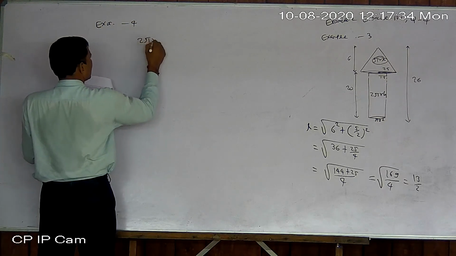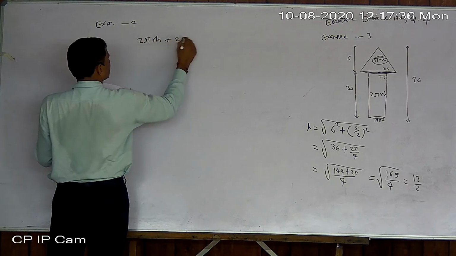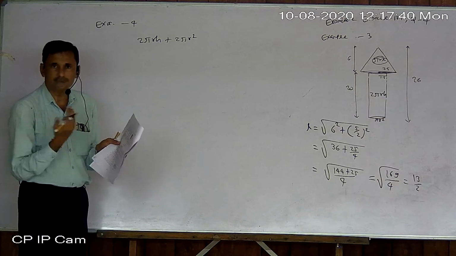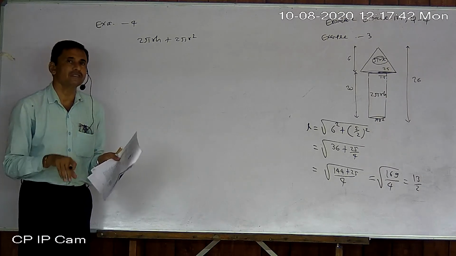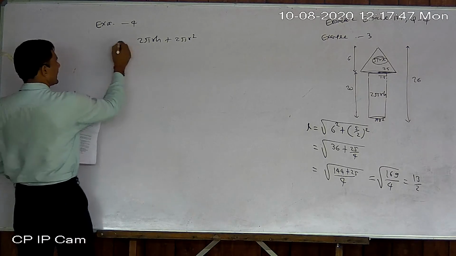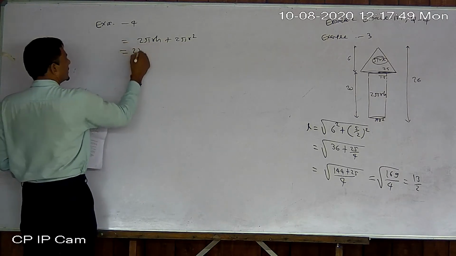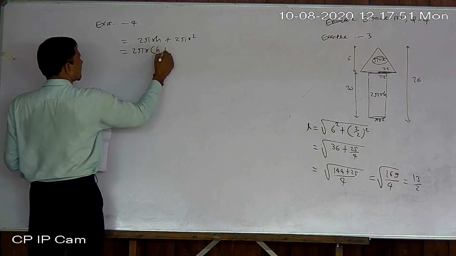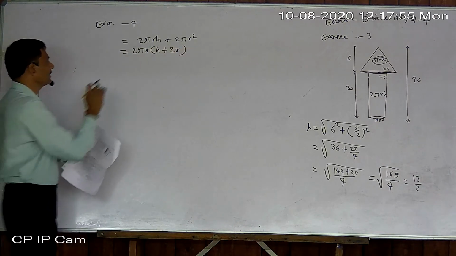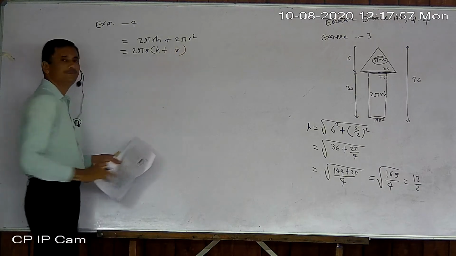Because 2 pi r s plus 2 pi r square. Because CSA of cylinder as well as CSA of hemisphere, both are visible there. Okay. So you just add both areas. So S plus 2R will be there. Okay, sorry, S plus R will be there.